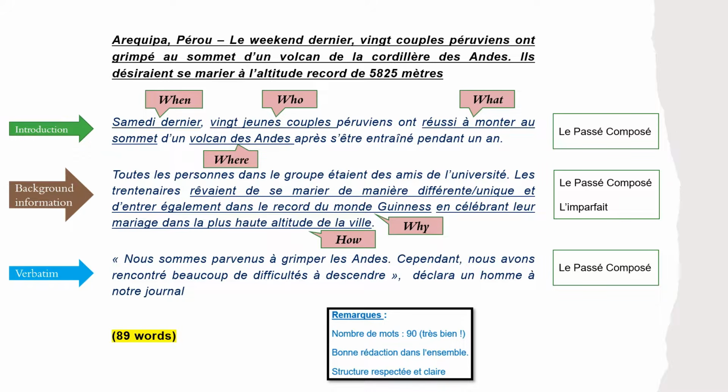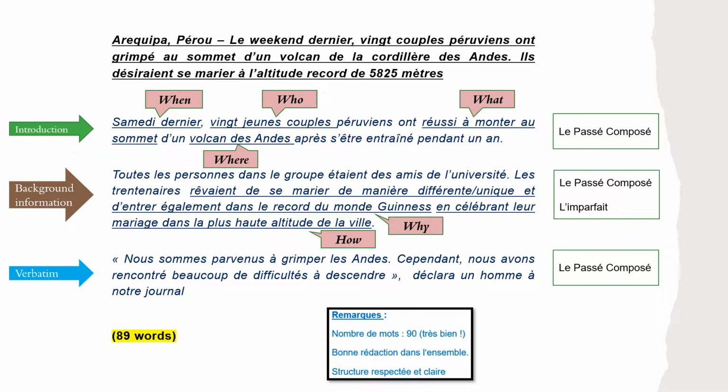If I were to break it down one by one, let's look at the introduction. For this part, I always use the 4Ws method, in which I talk about when, who, what, and where. So basically when, last Saturday; who, there were 20 couples; what, they climbed up to the Volcan Dezan.